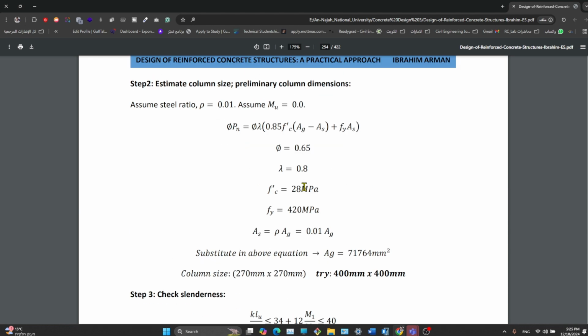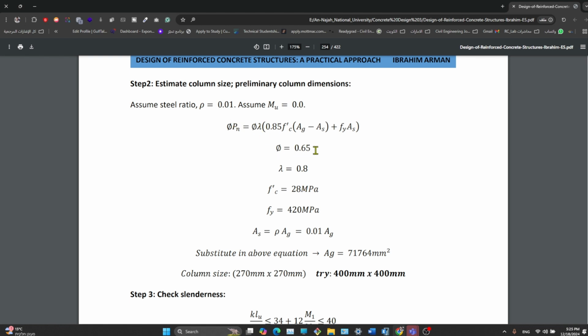Okay. Now let's design the column just for P ultimate, which means we just need to make the preliminary design, I mean the cross section and the area of steel, without considering the moment. Now we have this formula.